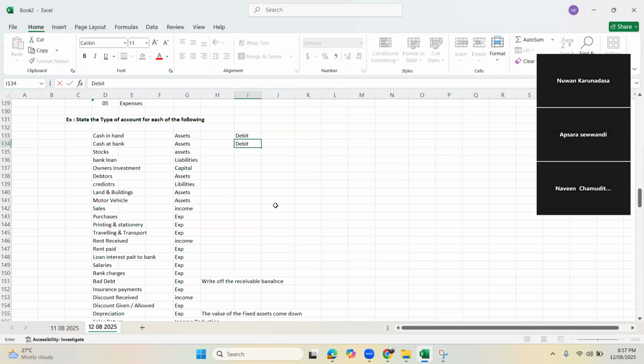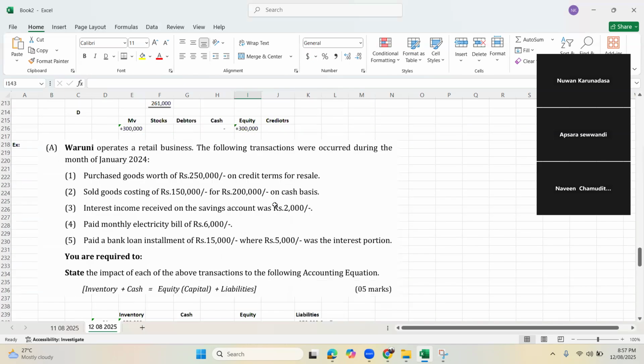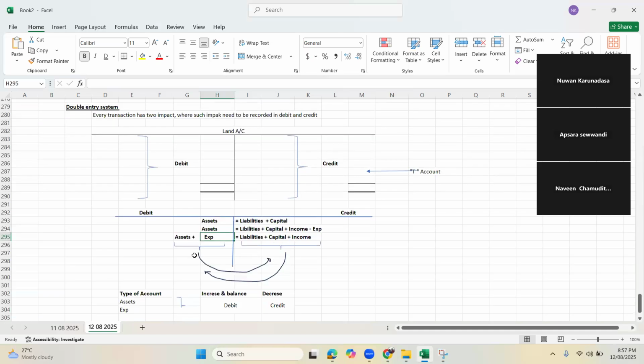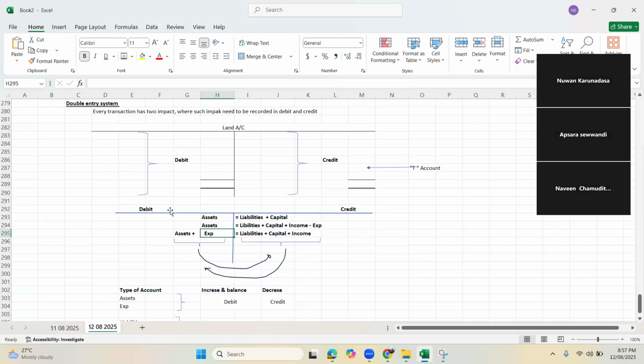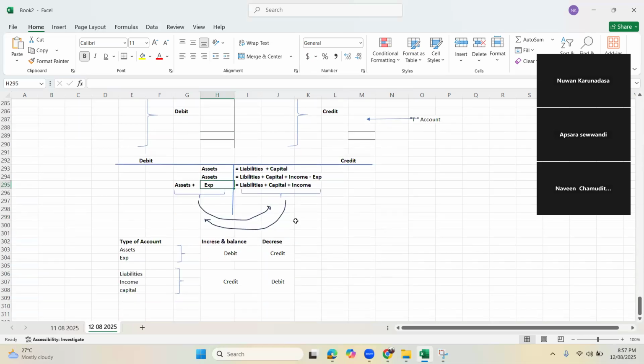Debit. Then purchases is an expense. Which balance do you expect? Credit. Wrong. Assets and expenses increasing have debit balances. The other three, liability, capital and income, have credit balances.